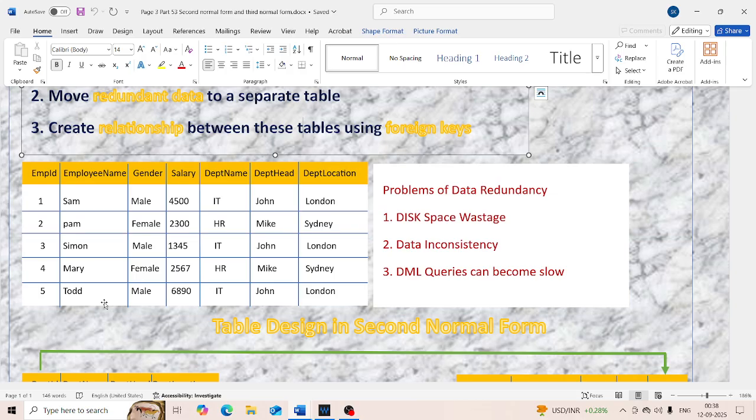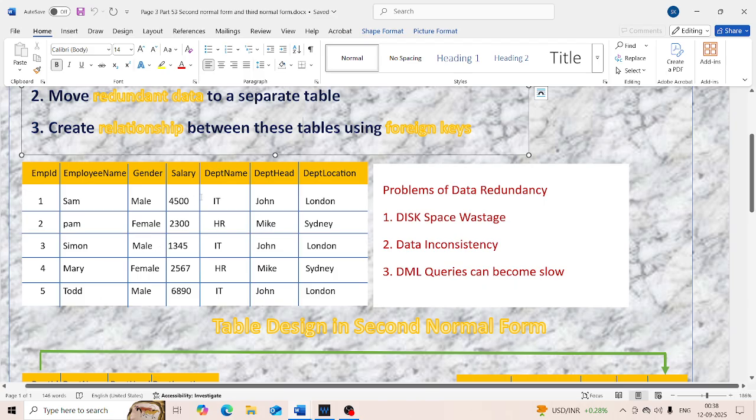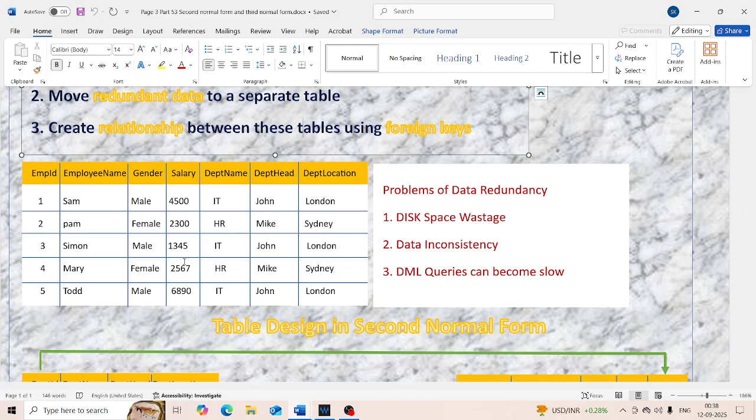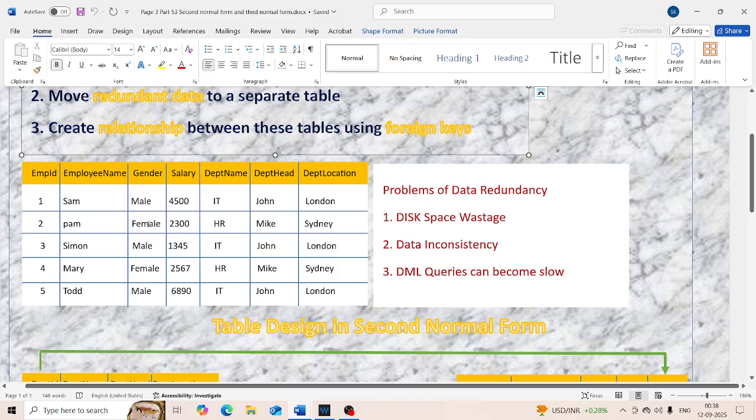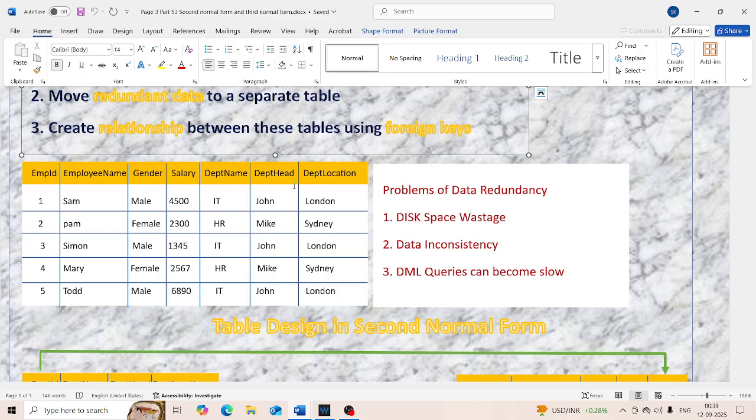If you look at this table I have here, it has employee ID, employee name, gender, salary, and then we also have department name, department head, and department location.